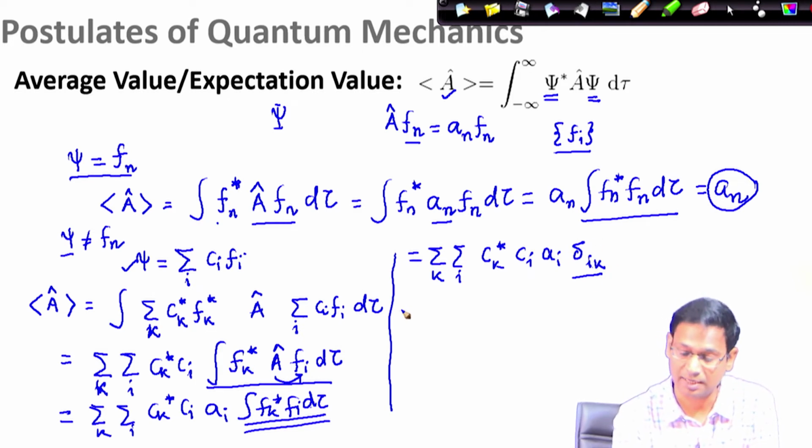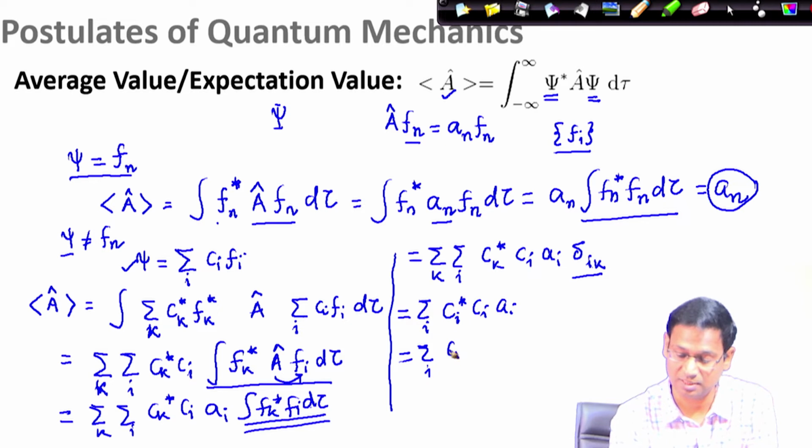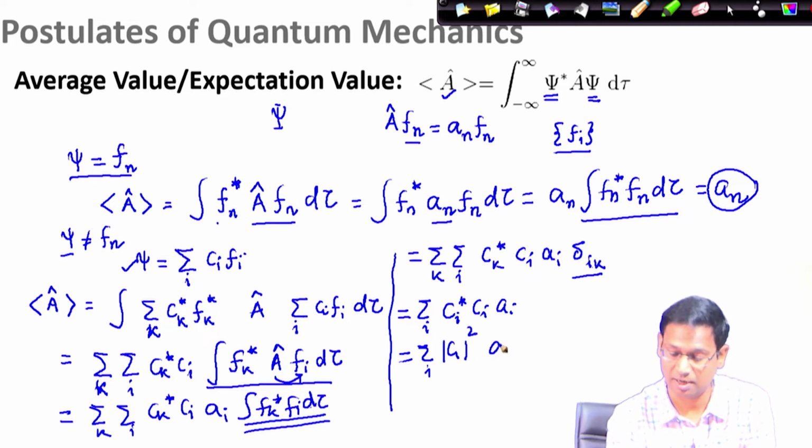So, I can simplify it further: all the summation will only survive when k is I. So, I have C I star, C I, A I, or further simplify it as C I square A I.